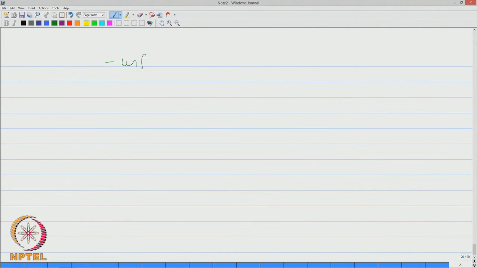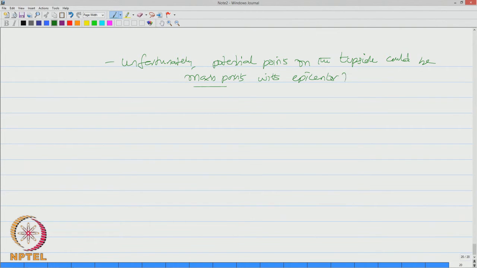Unfortunately, potential points on the top side could be mass points with epicenter of large machinery and equipments, because under explosion mass points will be targeted first.